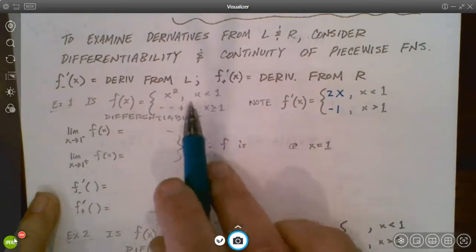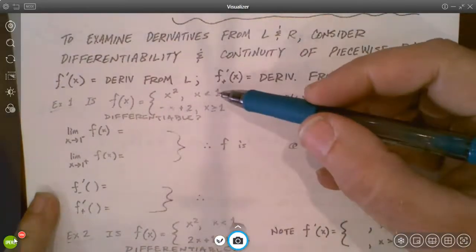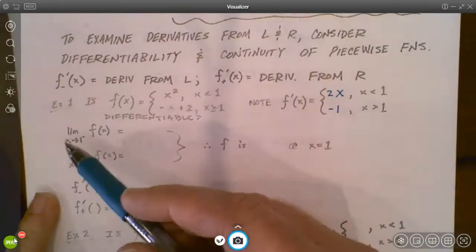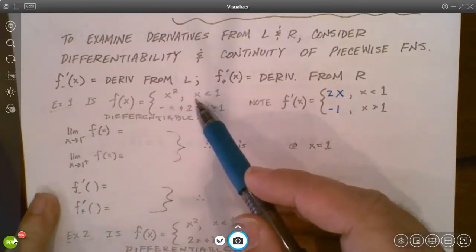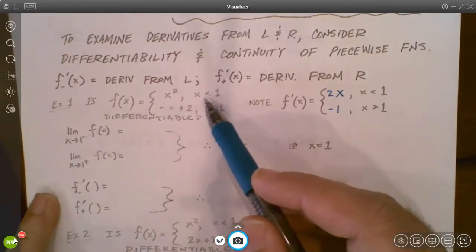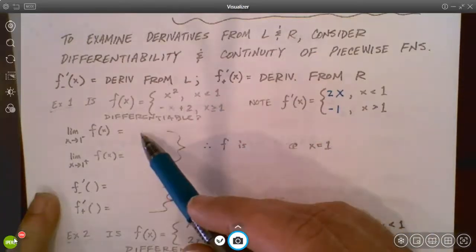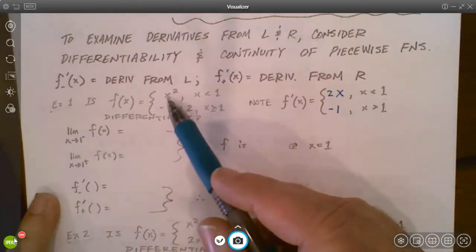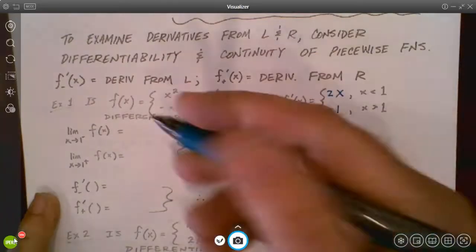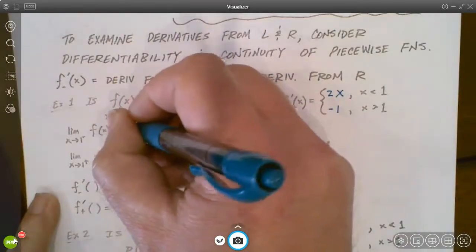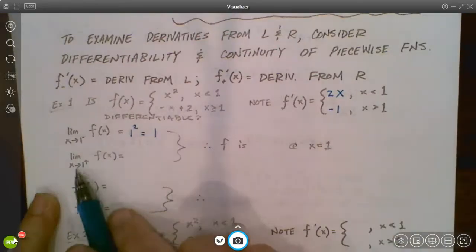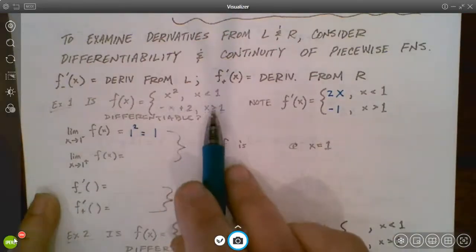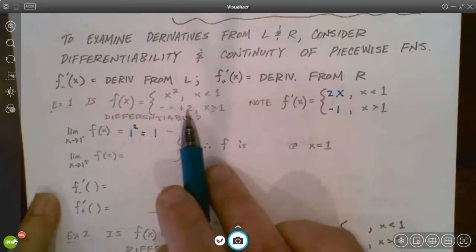So if we look at the original function, is it continuous at this point? As you approach 1 from the left, now it's referring to this function right here. So this represents x's that are less than 1. So as we approach 1 from the left, what would we get? Well, if I plug in a 1 to this function, 1 squared is, we'll just write it out so you have it for your notes. So we know 1 squared is obviously 1. As we approach from the right, this one, according to this domain, is the function as you approach 1 from the right.